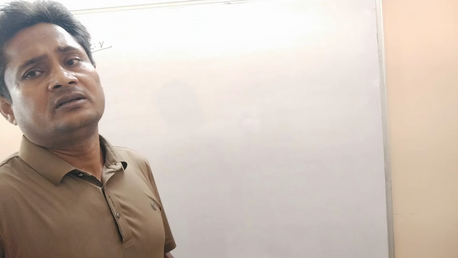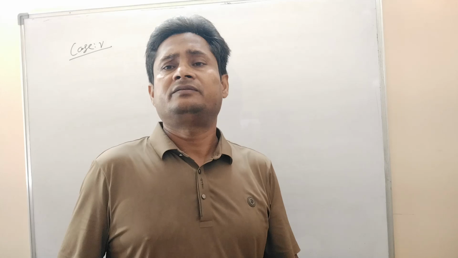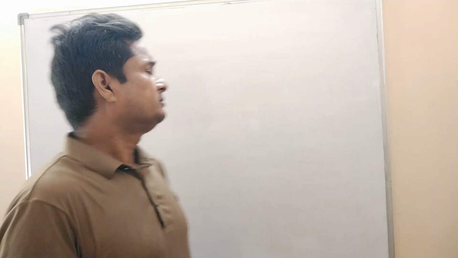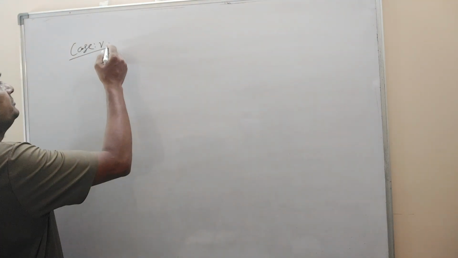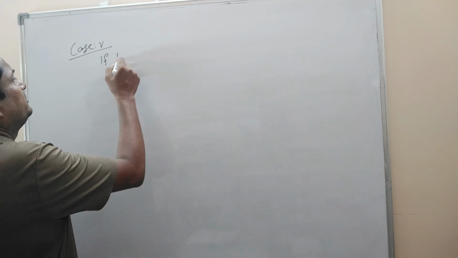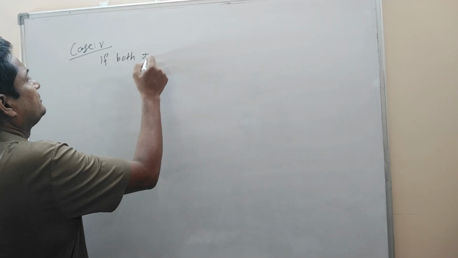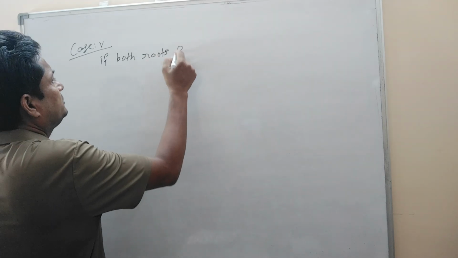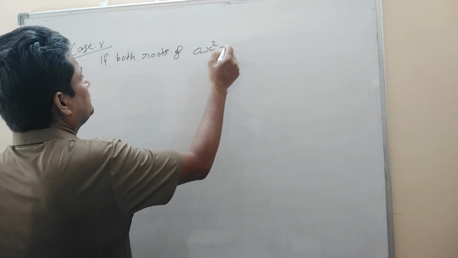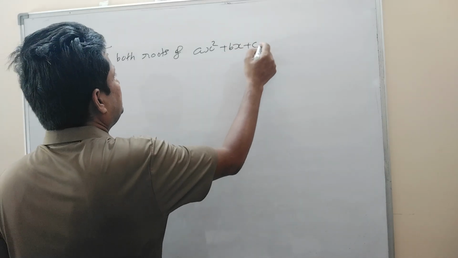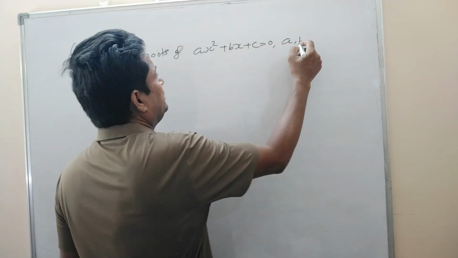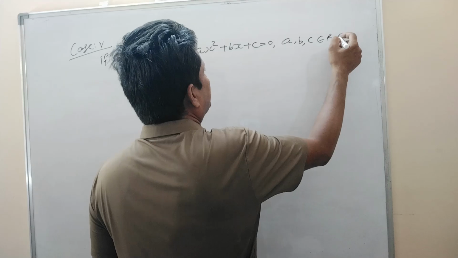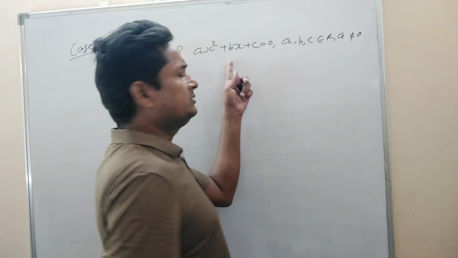What can be case number 5? If both roots of a quadratic equation lie between two numbers k1 and k2. If both roots of ax square plus bx plus c is equal to 0, where a, b, c belong to real numbers and a does not equal 0, this is a quadratic equation.